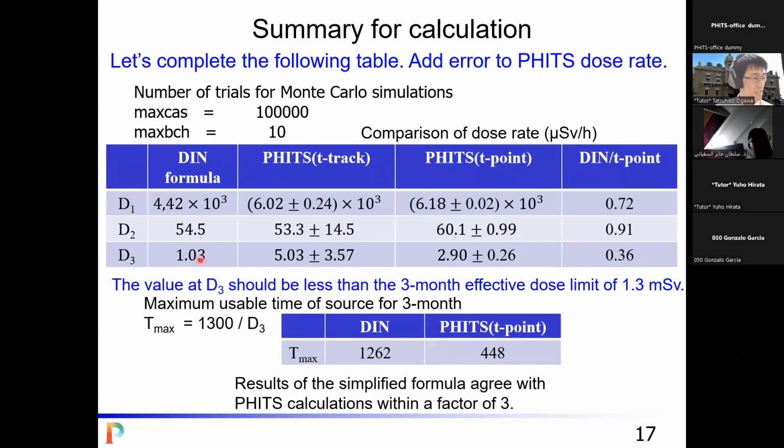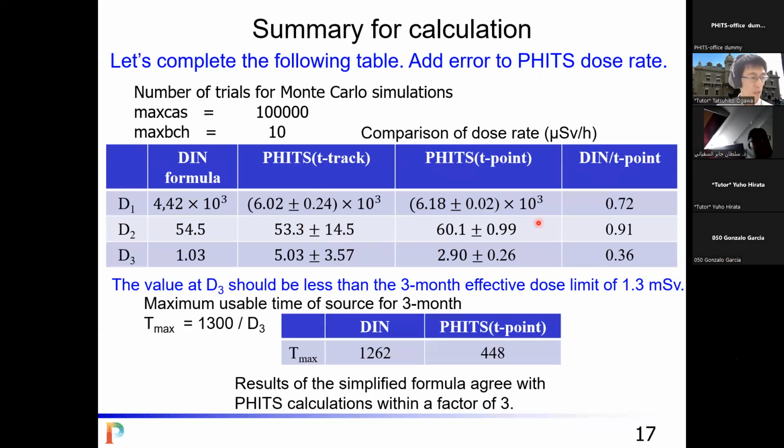DIN formula, the simplified formula, has given you these values, while FITS T-track and T-point gave you these values with unit of microsieverts per hour. And here is the ratio of DIN divided by T-point.